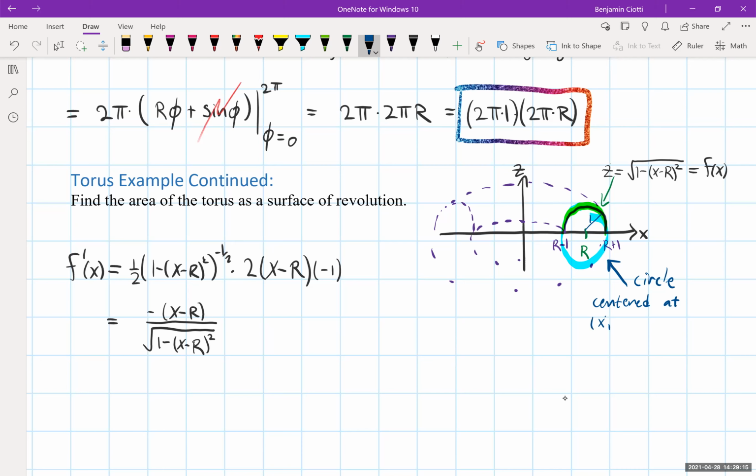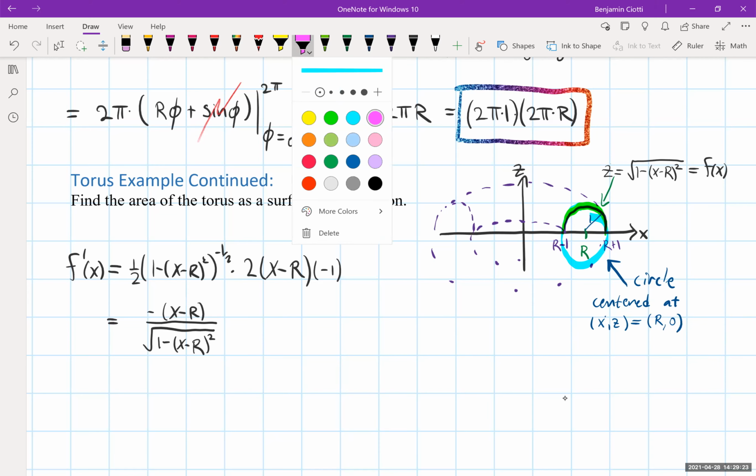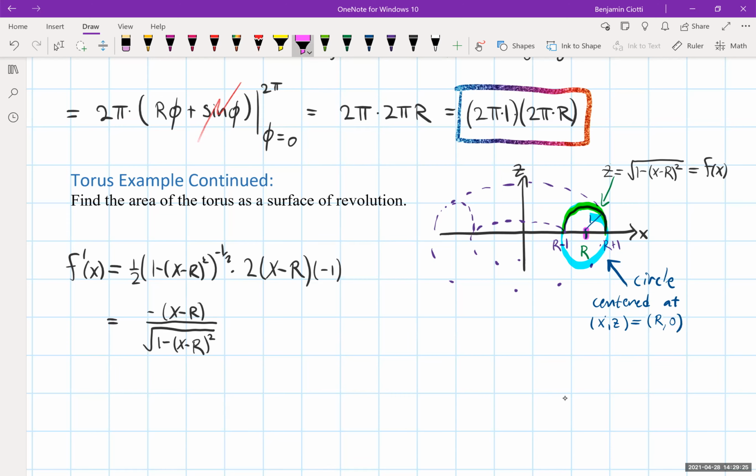So I'll say it's centered at (x, z) equals (r, 0). Namely, it's centered at this point right there, and of radius 1.